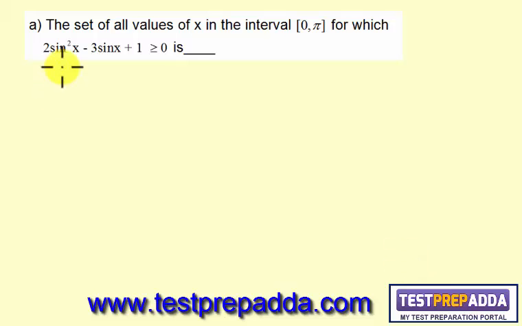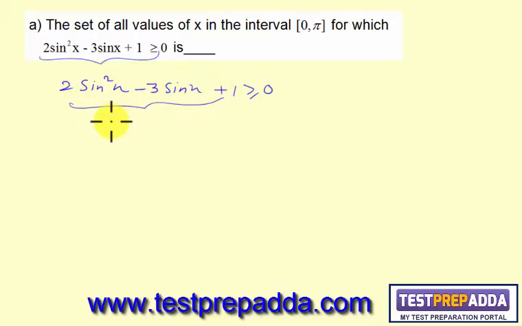Here the inequation is given as this. If I write 2 sine square x minus 3 sine x plus 1 greater than or equal to 0, by factorizing I can write this as (2 sine x minus 1) into (sine x minus 1) greater than or equal to 0.